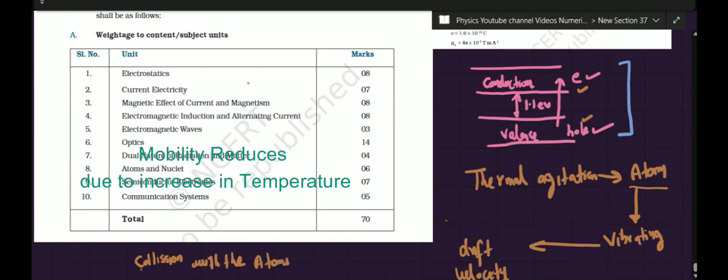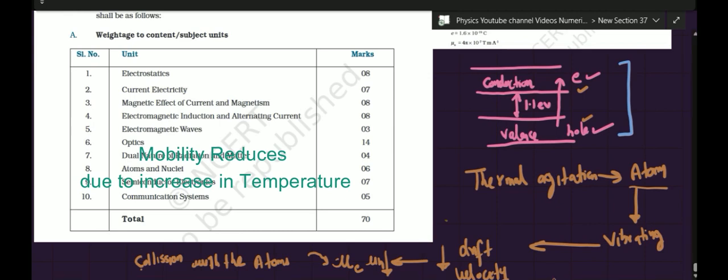And that reduces the drift velocity. So the drift velocity goes down, which means that the mobility of the charge carriers, which you might have seen written as mu E and mu H, goes down. If the mobility goes down, the conductivity will get impacted.